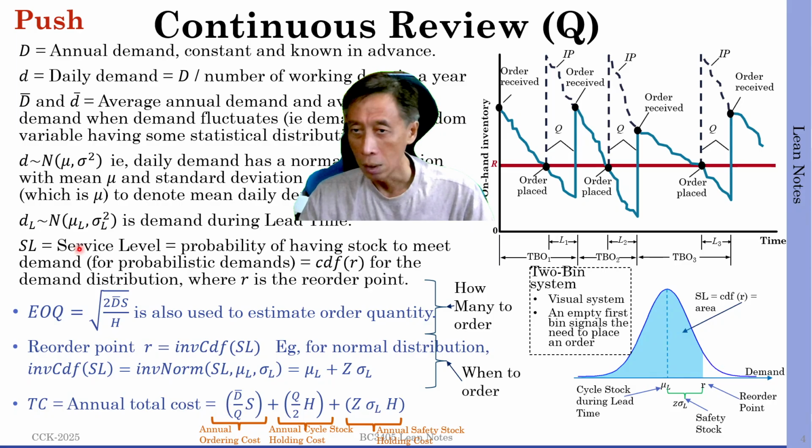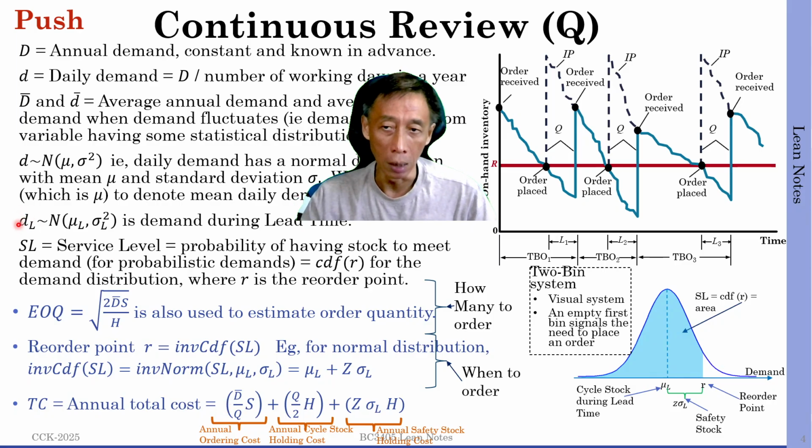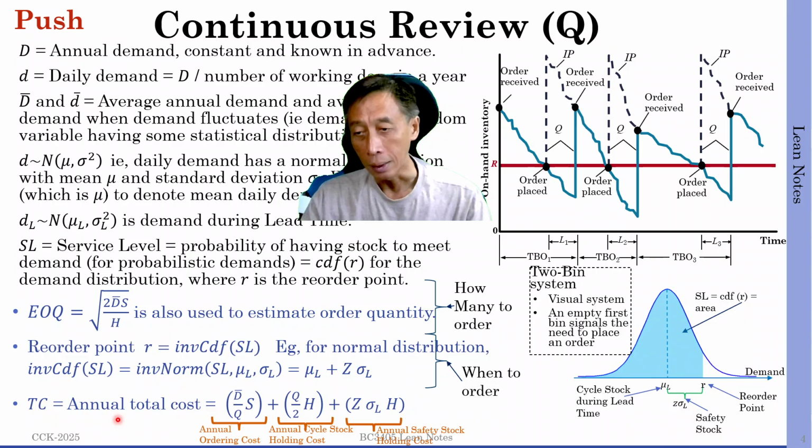So in this demand during lead time assumption and this setting of the service level to be 0.95, what is my annual cost on average? You can calculate based on the formula, but continuous review and periodic review don't seek to minimize even the average annual total cost.